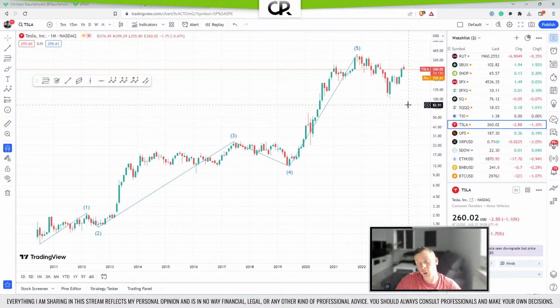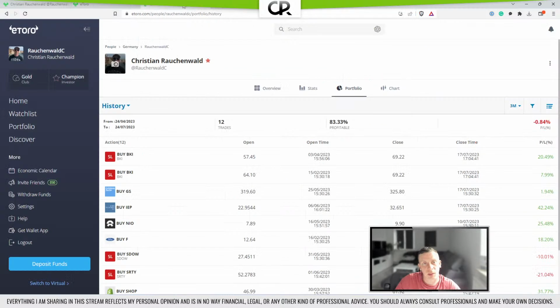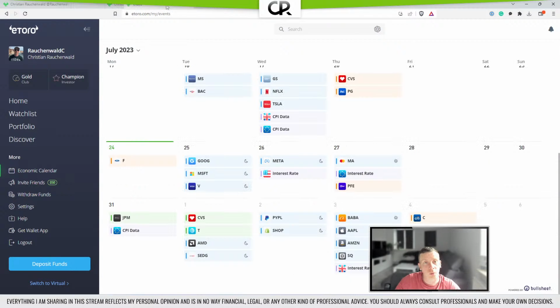We would consider entering Tesla if it becomes clear that this is not just a corrective pattern, which would require that we have basically a new all-time high. Because right now our risk-reward ratio here is by far not good enough to jump into that. It doesn't matter what I personally think about Tesla as a car or brand, but it just doesn't make sense. So okay, moving on, next one.